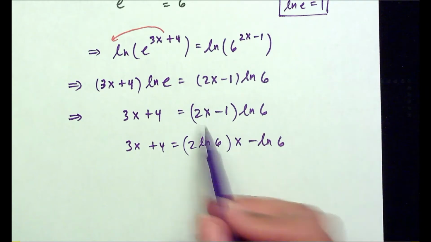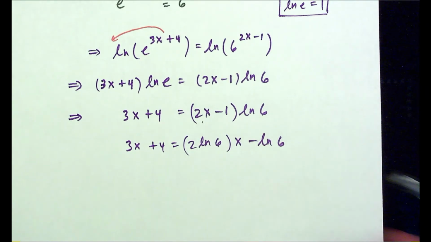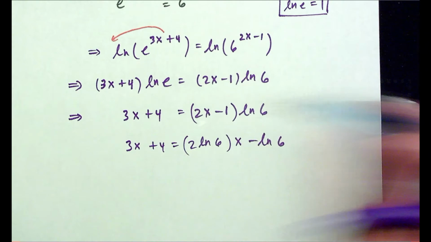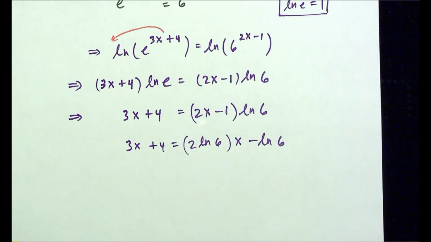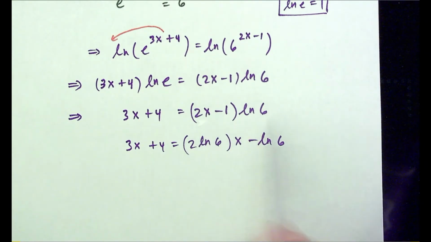You can write 2x ln of 6, it really doesn't matter. But remember that typically we write the x after the numbers. But writing 2x ln of 6 is fine.